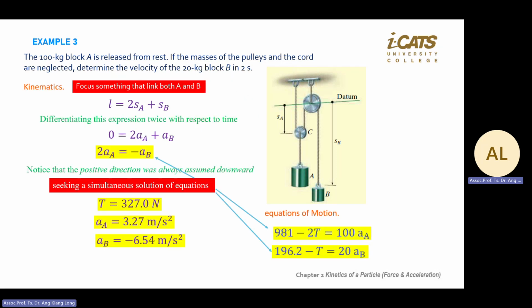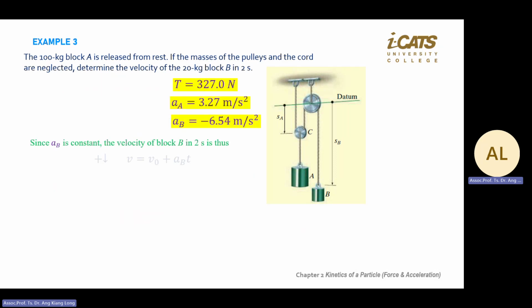But still, you have not answered the question. It asks you for velocity. Because the acceleration you get is a constant value, not an equation, you can use the three Newton motion equations. We pick the simplest one, which is v equal to v0 plus at.